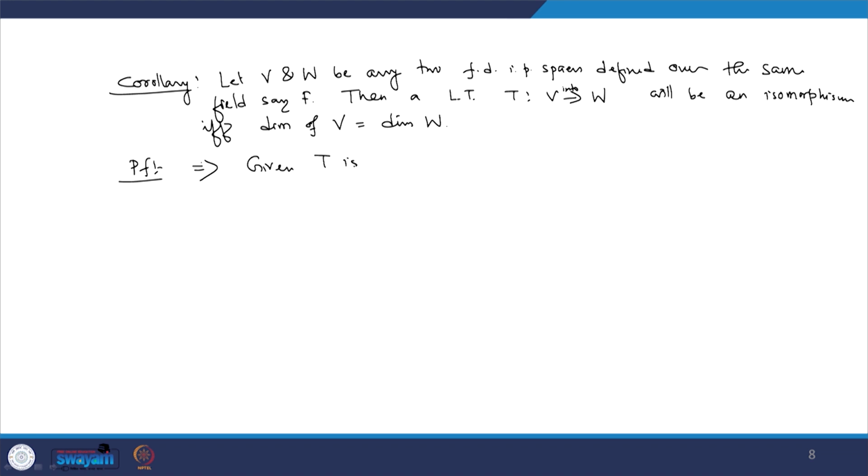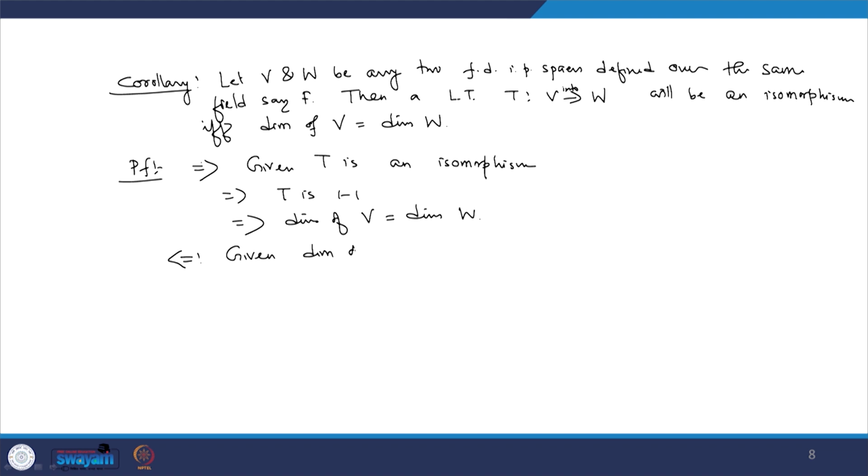Given T is an isomorphism, this implies T is 1-1, so dimension of V must be equal to dimension of W, because an isomorphism is 1-1 as well as onto. Now, the other way, given dimension of V equal to dimension of W, I have to show that there exists a linear transformation from V into W which is 1-1, onto and preserves the inner products.